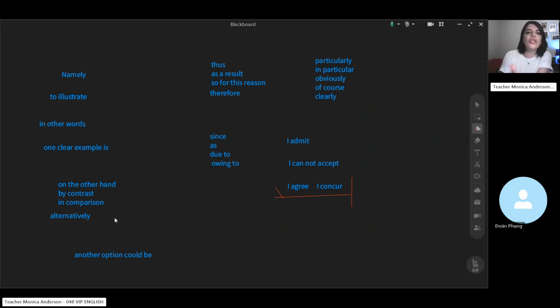What is the instruction? We need to discuss both sides, and then we need to give details. So this is what we need to do. Then we need to identify both sides for discussion, which is really important, and choose your main idea.